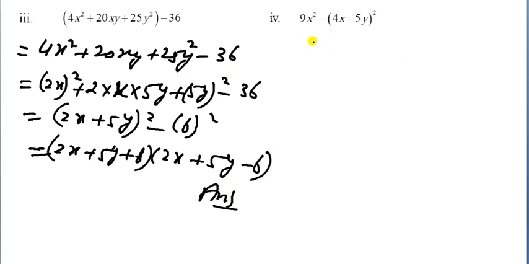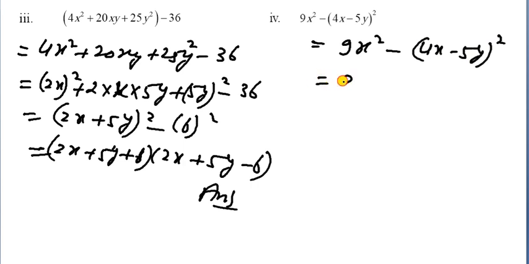Let us see what will happen in this. It is given as 9x square minus (4x minus 5y) whole square. So what will happen? It is (3x) whole square minus (4x minus 5y) whole square.